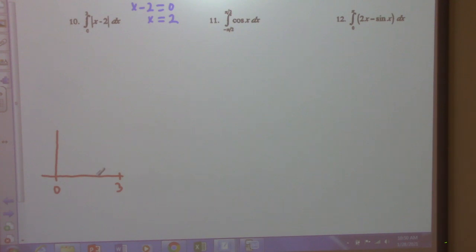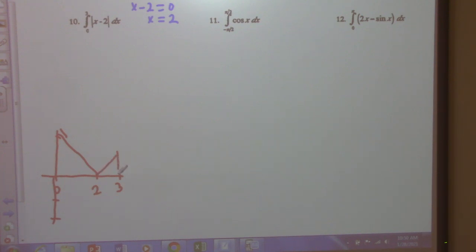So you're right here at 2. So is this thing here ever going to be negative? No, it is not. And so what you have is this. You have x minus 2 right to here. And then you go like this.